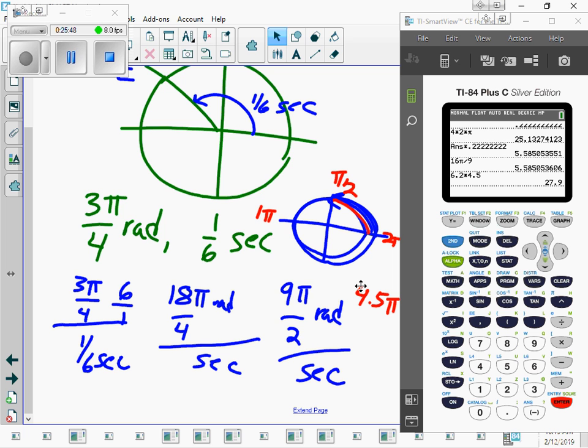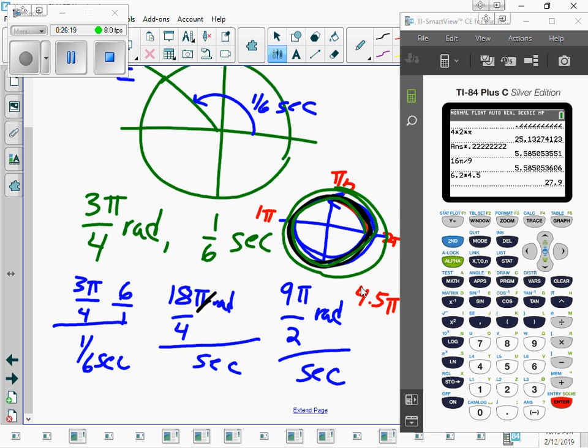So you can either count it in pies, 1, 2, 3, 4 and a half, or you can count the halves, which would be 1, 2, 3, 4, 5, 6, 7, 8, 9. So 2½ revolutions per second. That's the angular velocity.